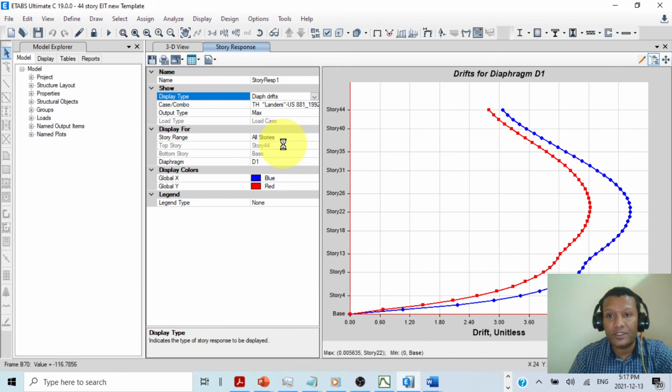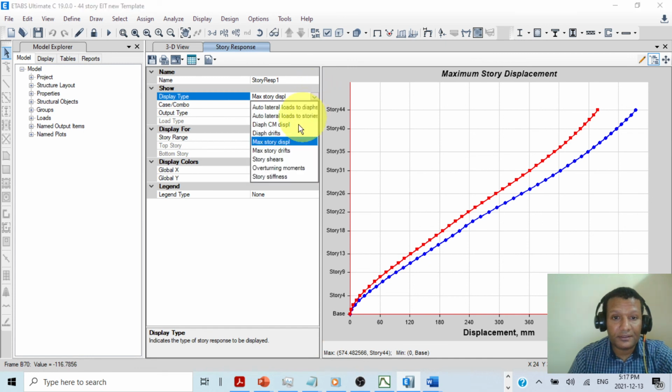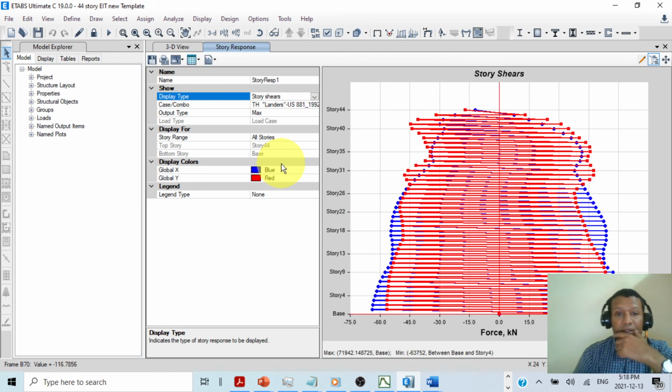This is the 44 story building. This is the story displacement, and story shear. The shear also can be extracted, and for each, this is in kilonewtons. And the moment also, the overturning moment, like this.